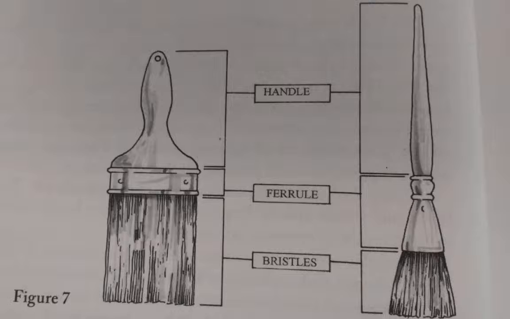It is a holding apparatus for the bristles to stay connected to the handle in a way that allows for continued use, and in a specific configuration that is often done to allow for the best intake of paint. We'll get more into this later, but these are the parts of the brush that are important to remember as a scenic artist.